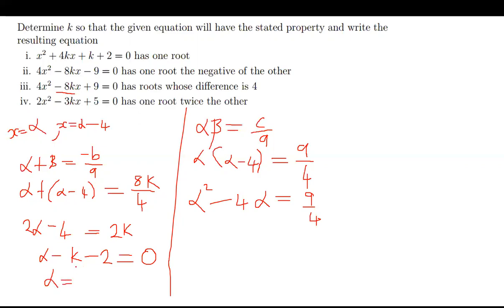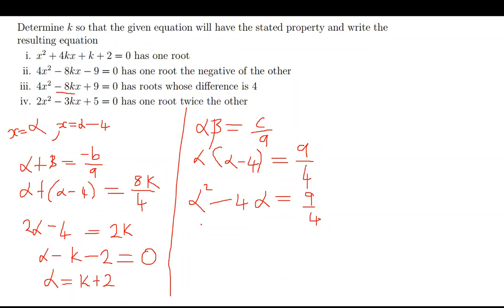So when you make alpha the subject in this case here, we're going to have k plus 2. So while there's alpha here, we're going to replace with k plus 2.